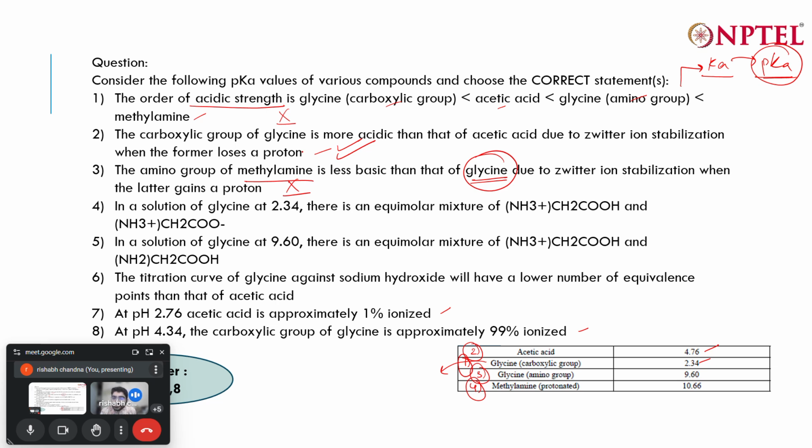Now, the fourth option: in a solution of glycine at 2.34 pH, there is an equimolar mixture of NH3+CH2COOH and NH3+CH2COO-. So, yes, this is the correct answer.